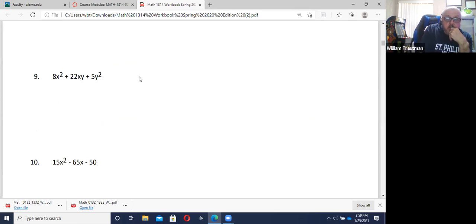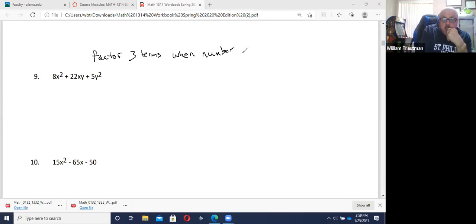Okay, so number 9, factor 3 terms when the number in front of x squared does not equal 1.